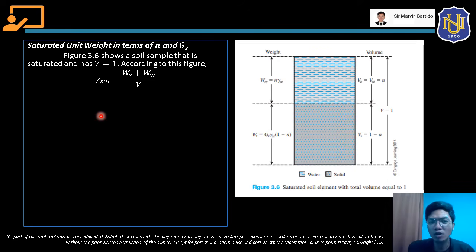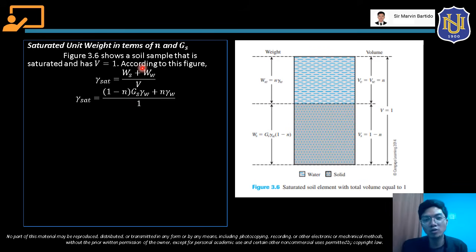In this case, the total volume is 1. The weight of soil solid we already derived: 1 minus N times G sub S times gamma of water. For the weight of water, we can get it using the formula of gamma water. Gamma water is equal to the weight of water over the volume of water.